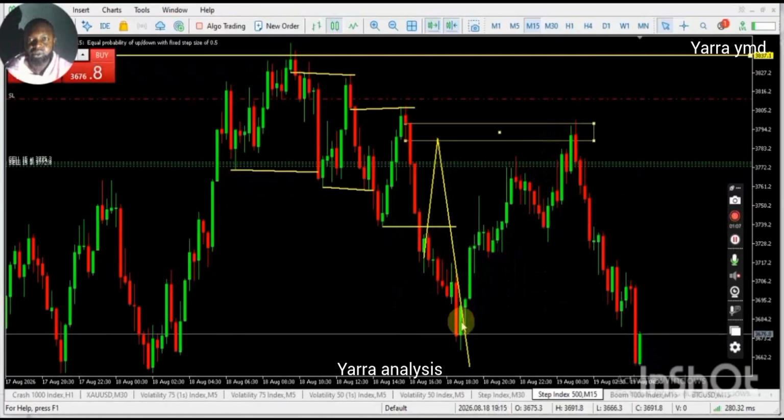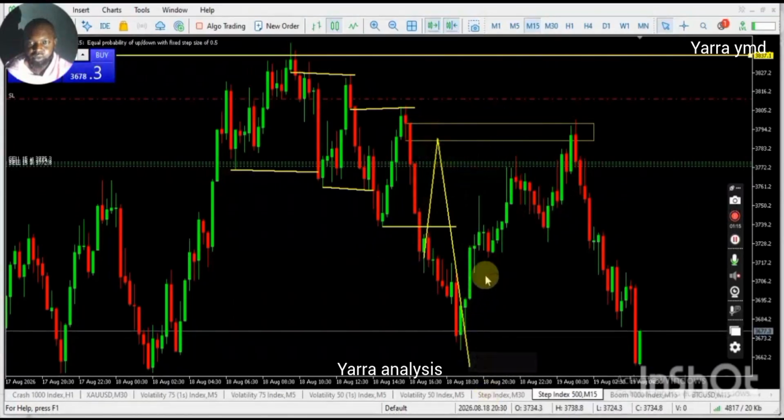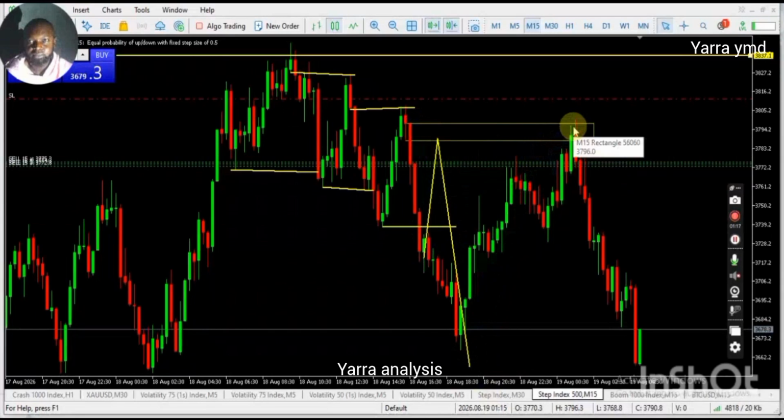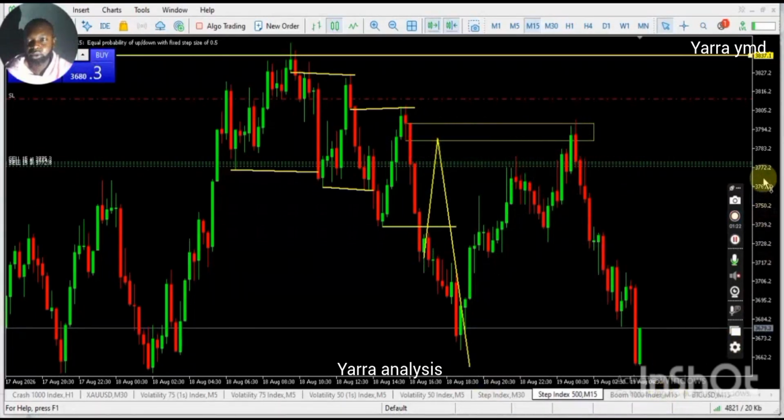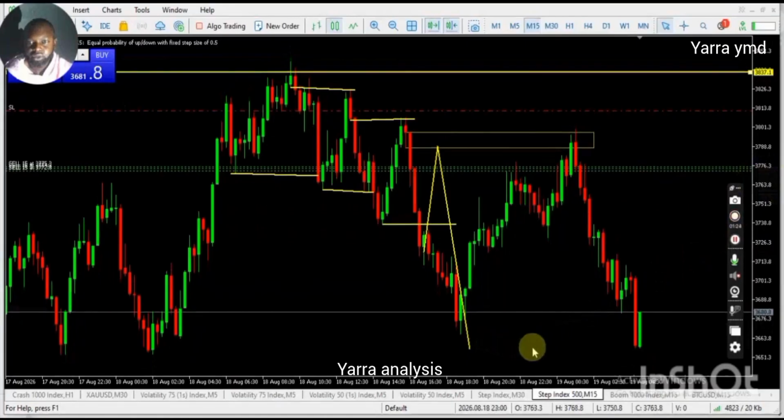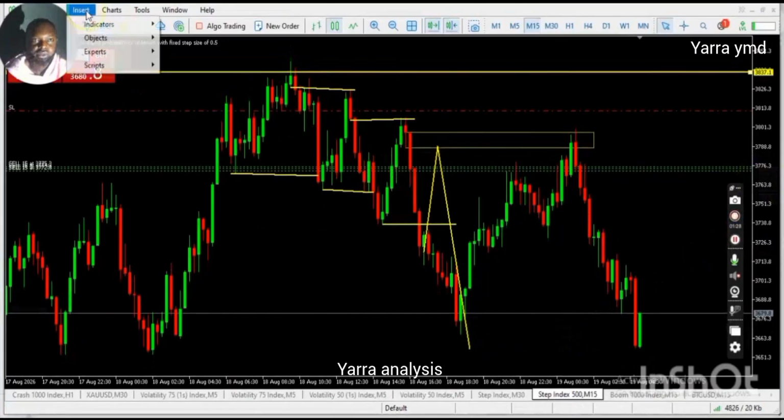So the strategy is very, very simple. Once you see that the market is breaking lows, just wait for the market to retrace back to the magnet zone candle. As we break, we retrace back and we drop lower again. You can try it.